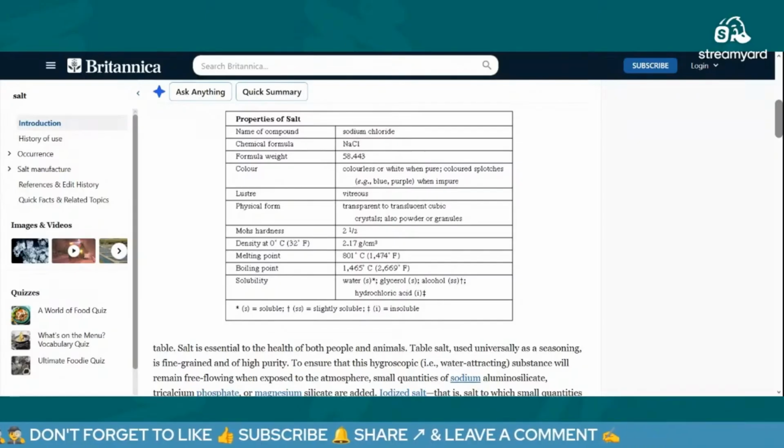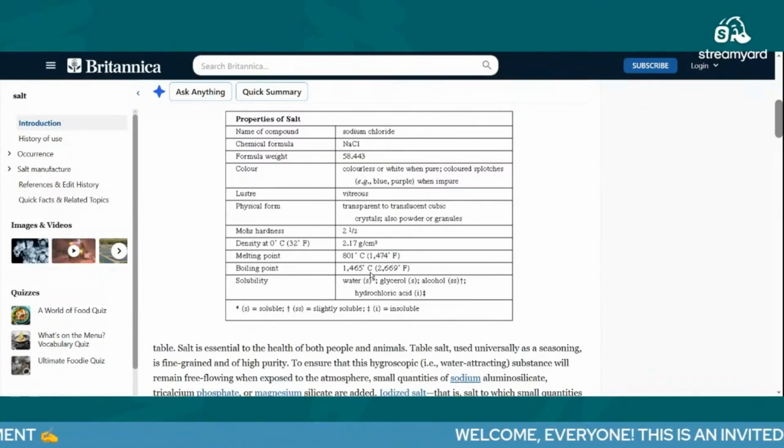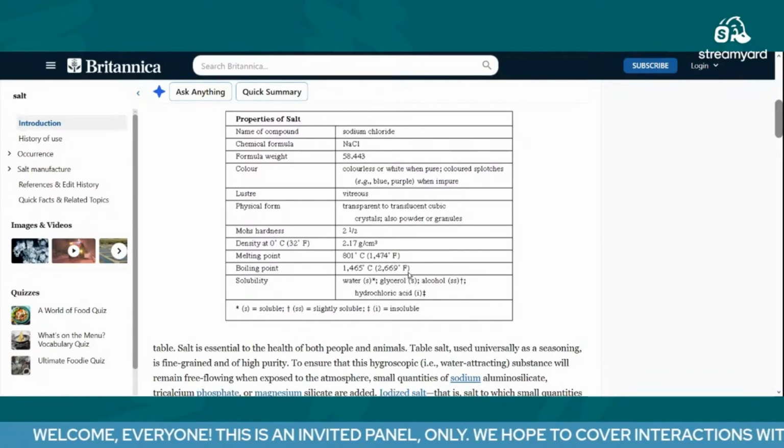That's pretty hardy. Boiling point, 1,465 degrees Celsius. That's 2,669 degrees Fahrenheit.